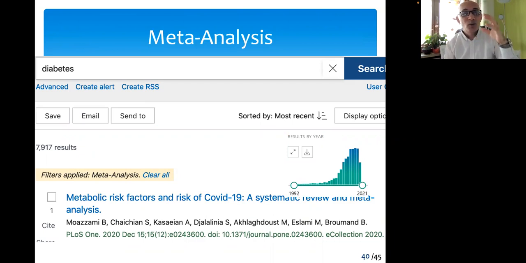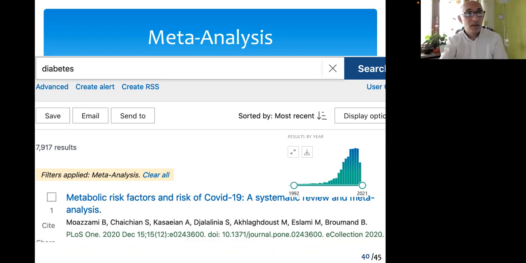So while in systematic reviews or non-systematic reviews, you just verbally summarize what you found, in a meta-analysis, you also report some numbers, some figures, some confidence intervals, a pooled summary of all the available evidence.